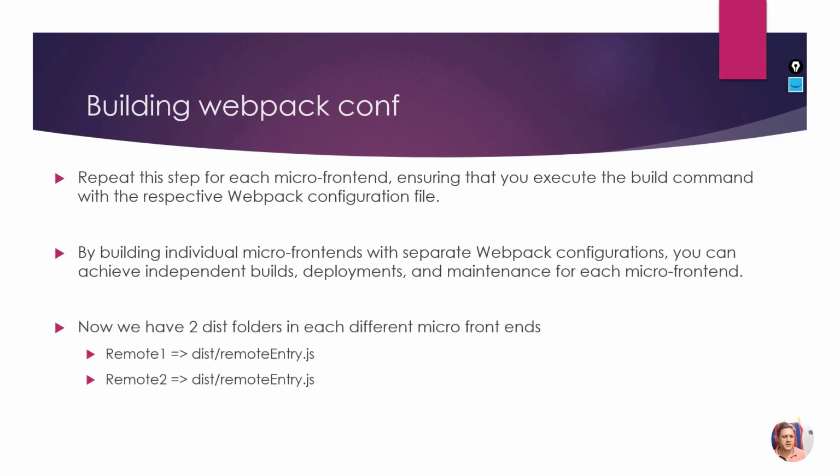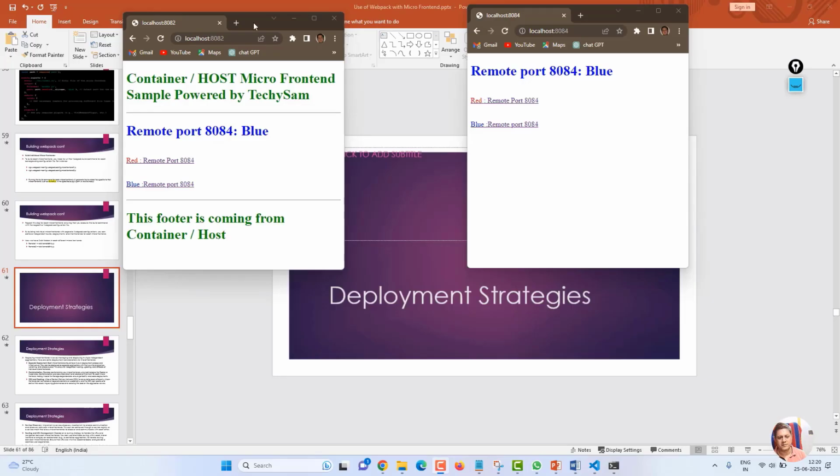Everything will have separate CI/CD pipelines, and everything will keep its files in different folders. I have shown you that remote 1 repo keeps its output in the dist remote entry. Remote 2 can also keep it in the dist remote entry. The folder name is the same, but the main repo is different.